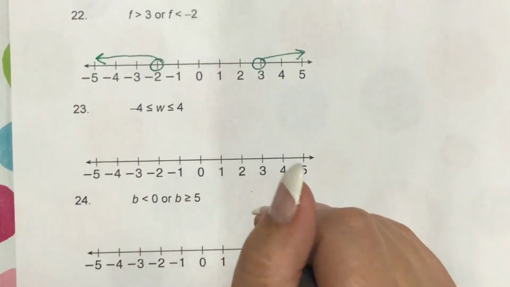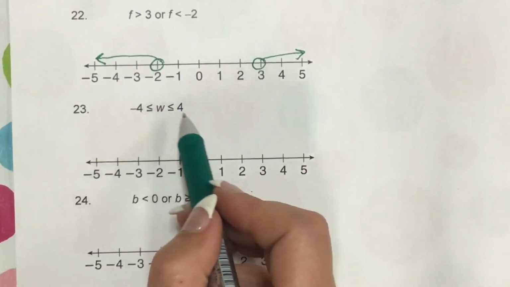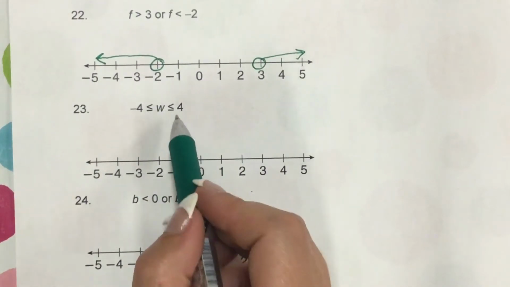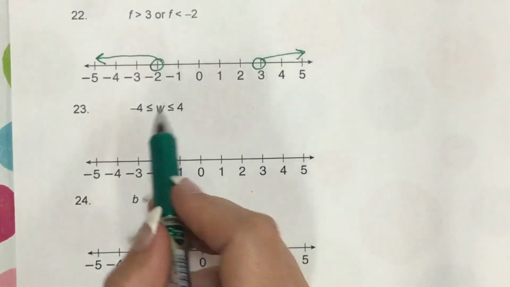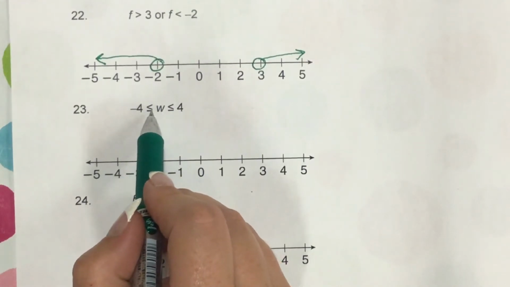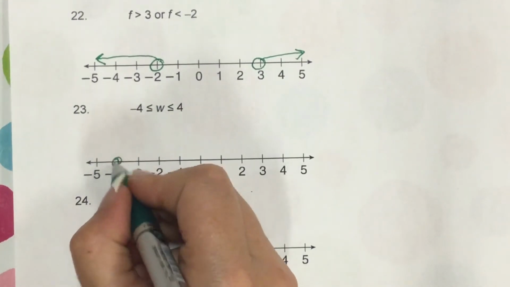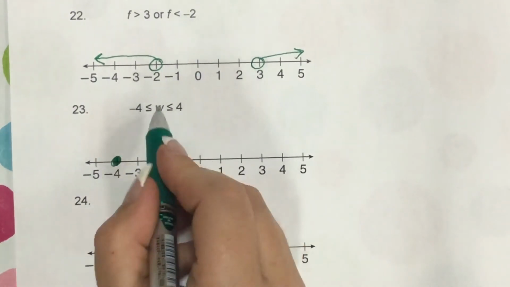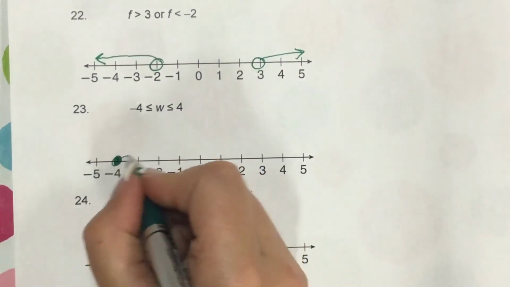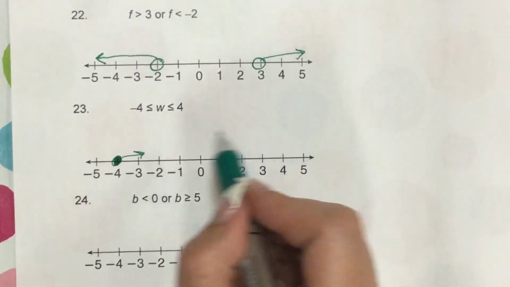Okay, let's move on to 23. We have w is greater than or equal to -4 and less than or equal to +4. So let's start with -4. W is greater than or equal to -4, which means it's going to be a closed circle at -4, and w is greater than -4, so that's going to be this way. These are the numbers that are greater than -4.